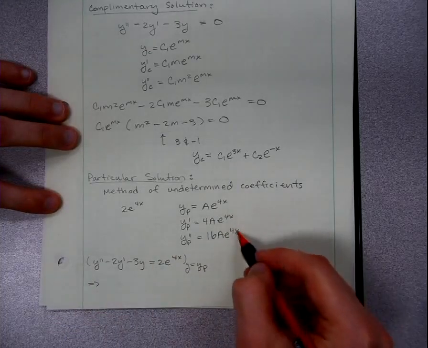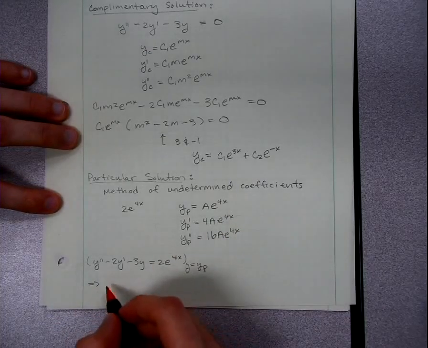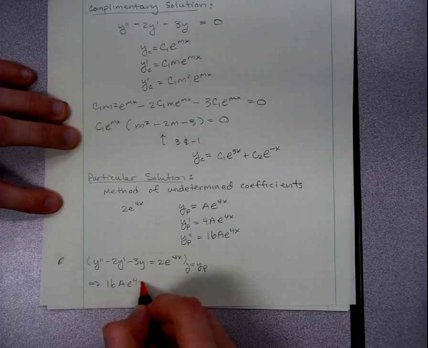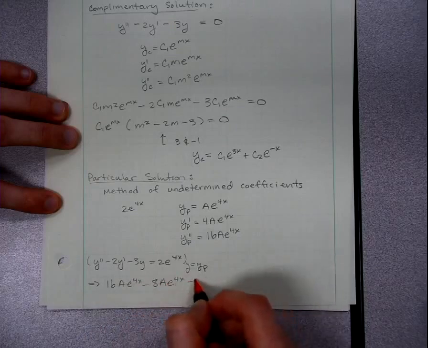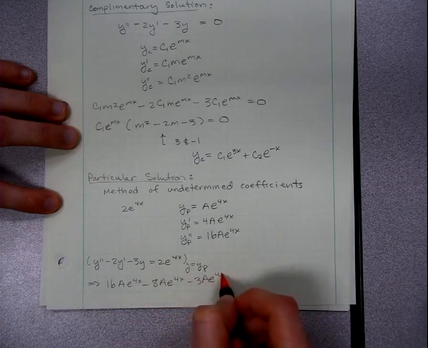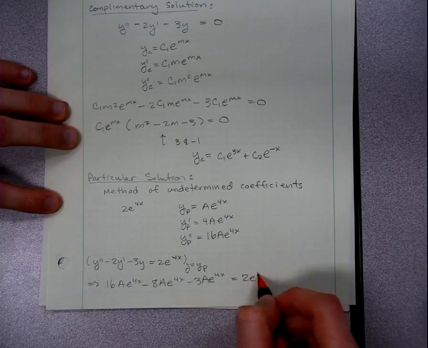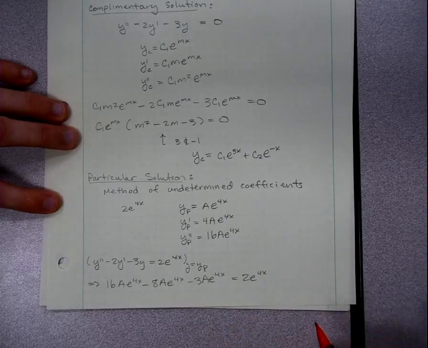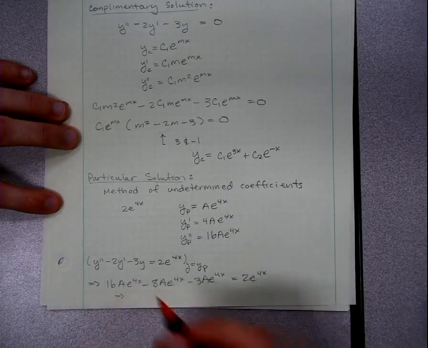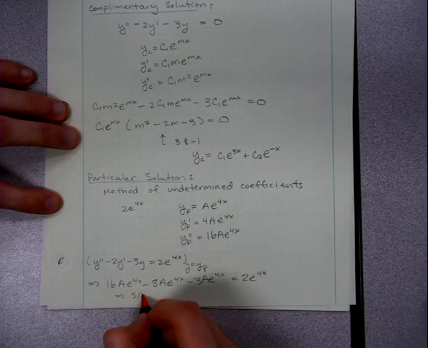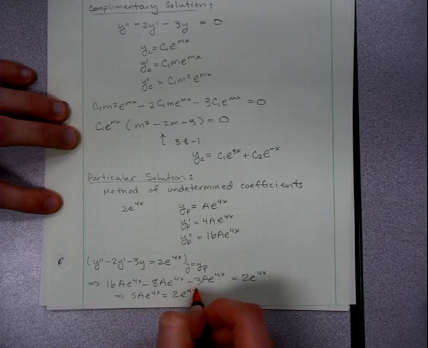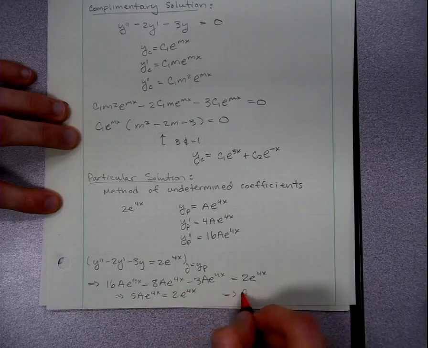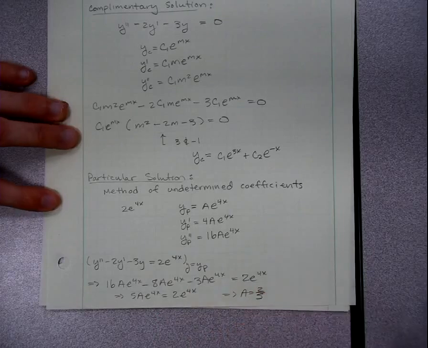Plugging in each one of these derivatives and y functions, we get 16a e to the 4x minus 8a e to the 4x minus 3a e to the 4x equals 2e to the 4x. Simplifying it further, we get 5a e to the 4x equals 2e to the 4x. Therefore, a equals 2 over 5.